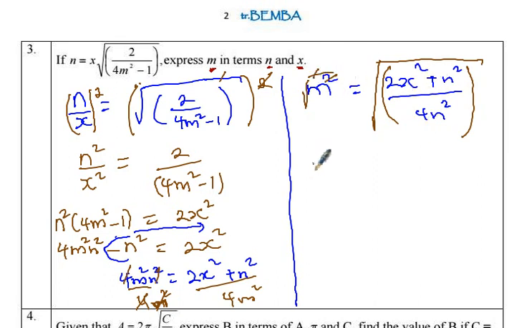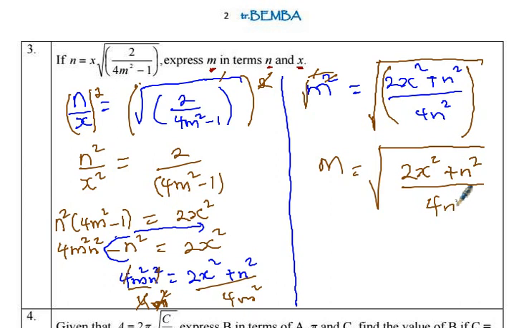This will put away the square, and so m is equal to this square root of 2x squared plus n squared out of 4n squared. We can have it in brackets. So that is our final answer. We have been able to make m to be the subject, which is also known as expressing m in terms of x and n. Good.